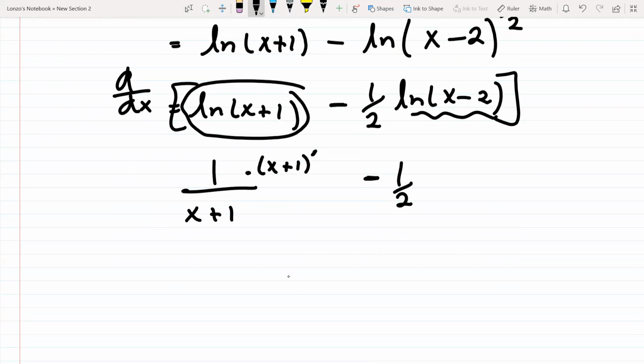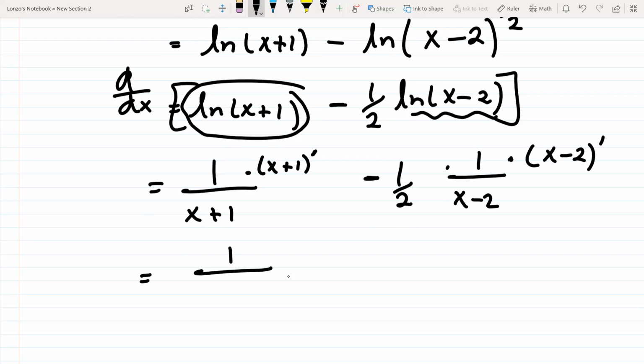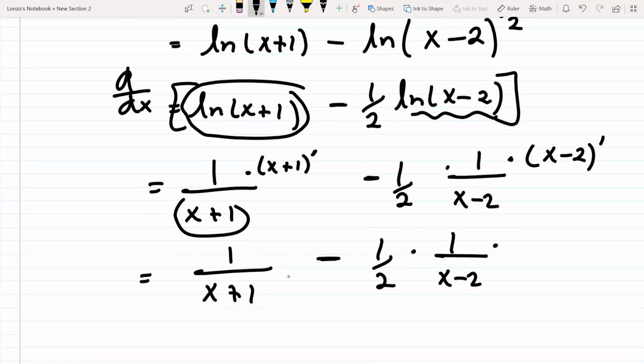The derivative of ln parentheses x minus 2 would be 1 over x minus 2 times the derivative of the inside parentheses. Okay, so let's clean this up. The derivative of x plus 1 is just going to be 1, and then this stays the same. Minus 1/2, and then times 1 over x minus 2 times the derivative of x minus 2, which is just 1.